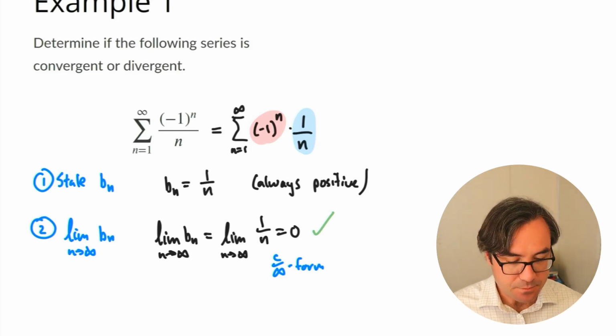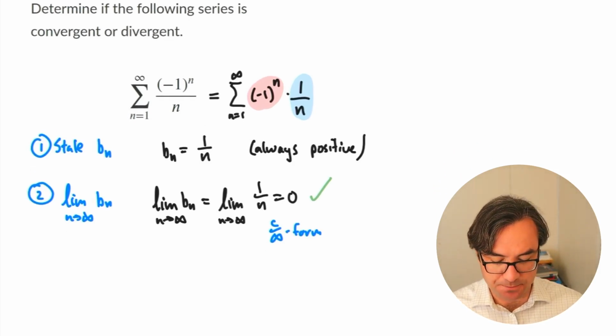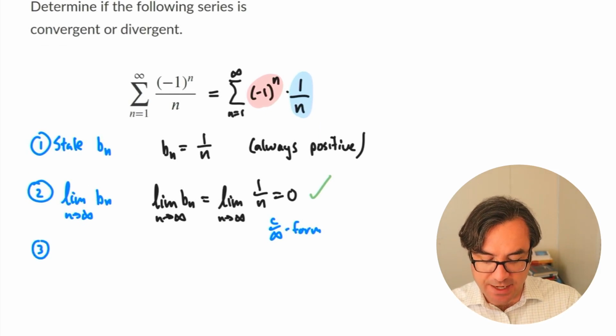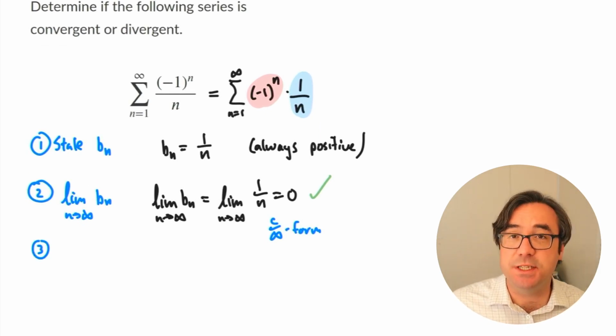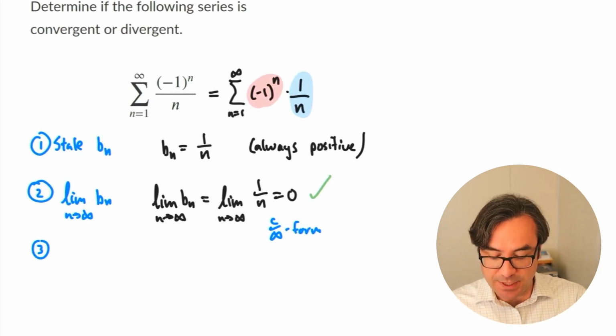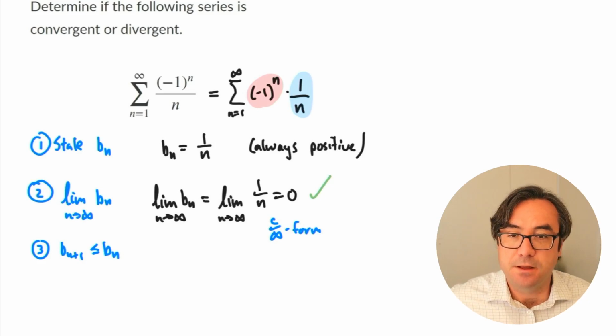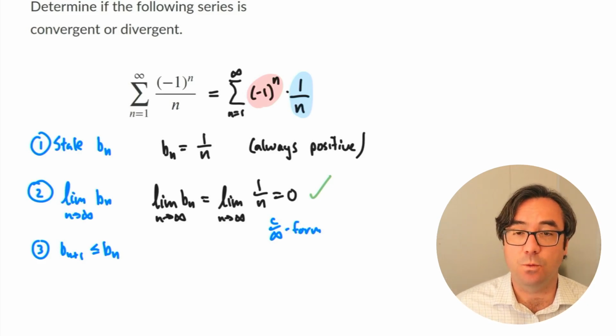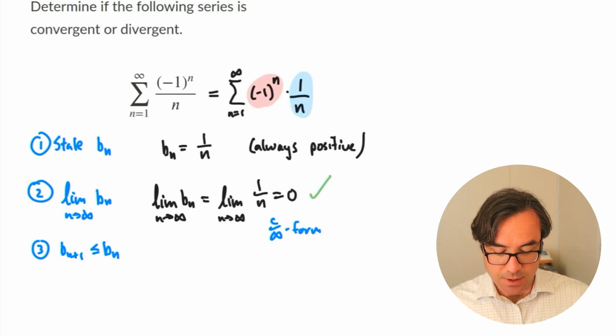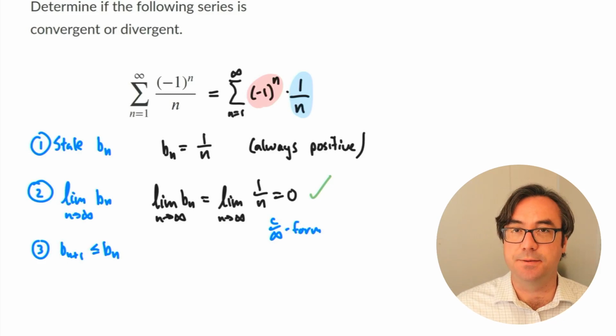Okay. What's the next thing we need to show? We next need to show that we have a decreasing sequence here. So we need to show that Bn plus 1 is less than or equal to Bn. Let's first write out what we want to prove. First, what is Bn plus 1?